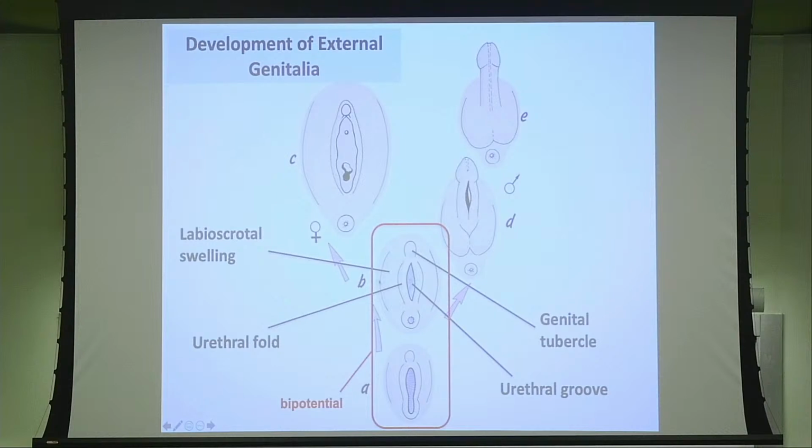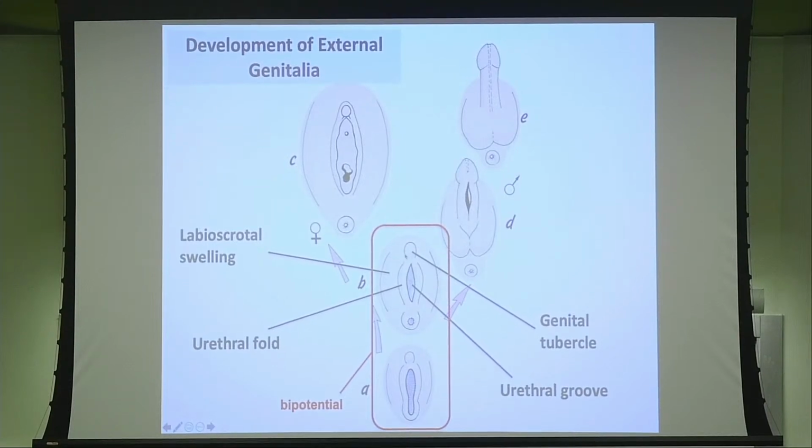Okay. And along the female pathway, the genital tubercle does not elongate, but kind of invaginates a little bit and actually gives rise to the clitoris. Okay, so the clitoris and penis are each other's developmental counterparts. Okay. There's no swelling or enlargement of the labioscrotal swelling. Okay. So that's kind of the male and the female developmental pathways.